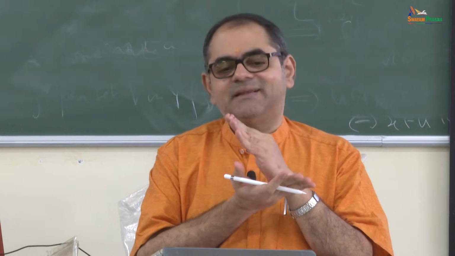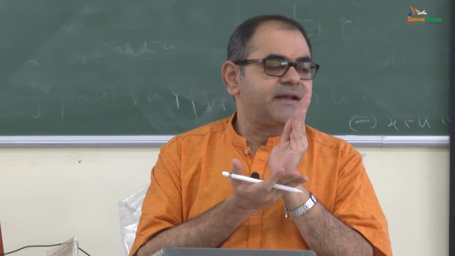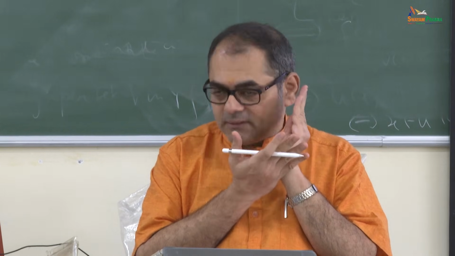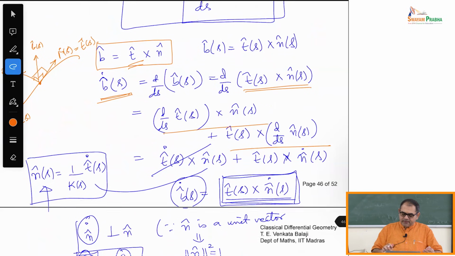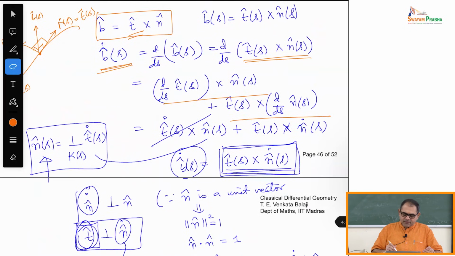The big deal is that this change always occurs in a direction parallel to the principal normal n cap. That's because, if you differentiate using the product rule, you get that b cap dot, the rate of change of b cap with respect to s, becomes t cap cross n cap dot.